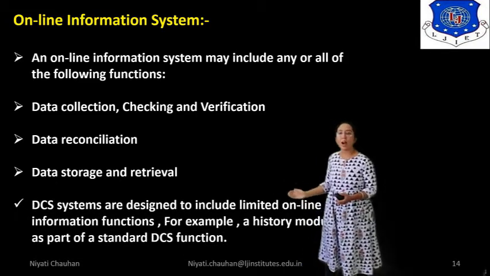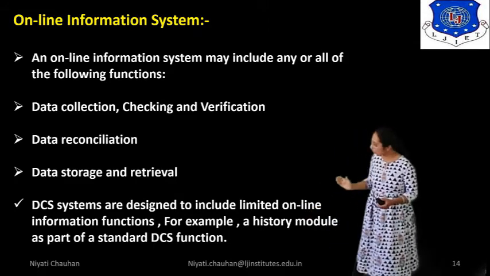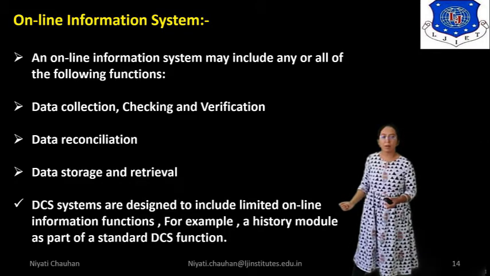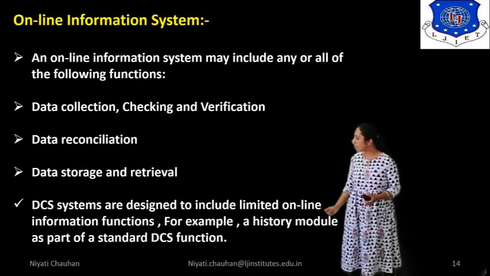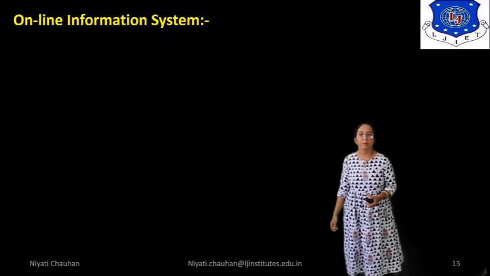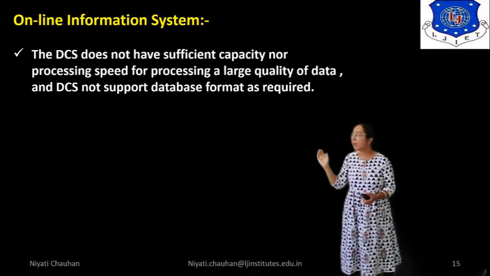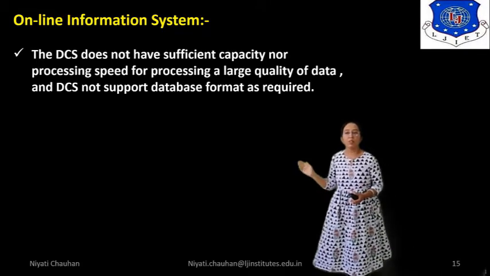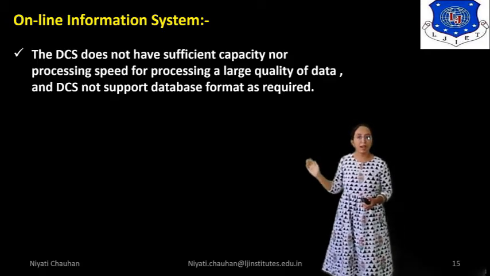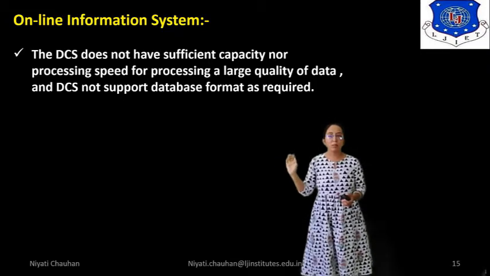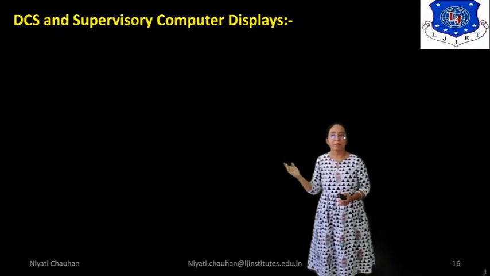DCS systems are designed to include limited online information functions, for example, a history module as part of a standard DCS function. The DCS does not have sufficient capacity nor processing speed for processing a large quantity of data, and the DCS does not support this database format as required.